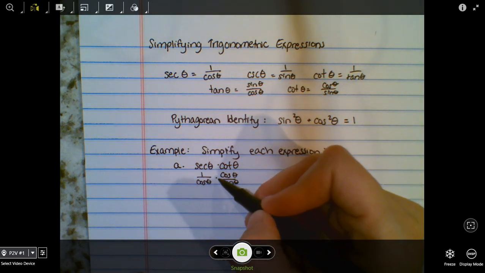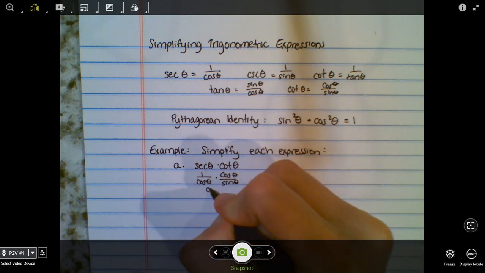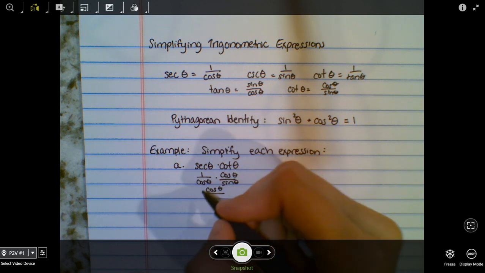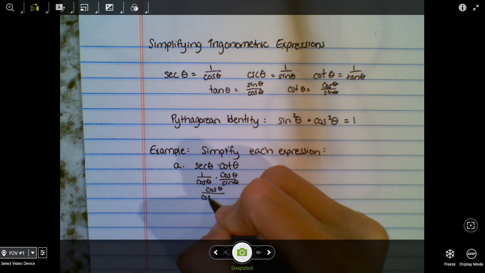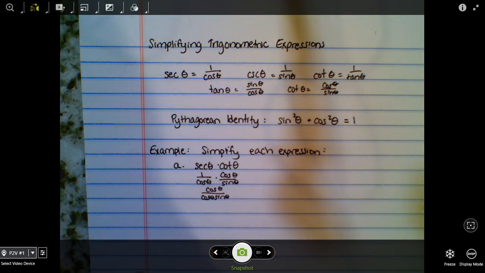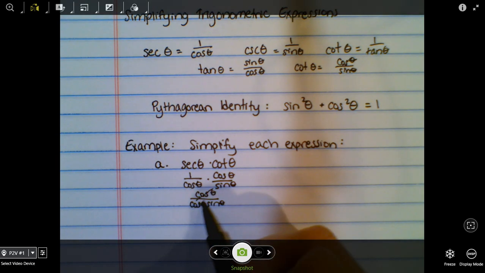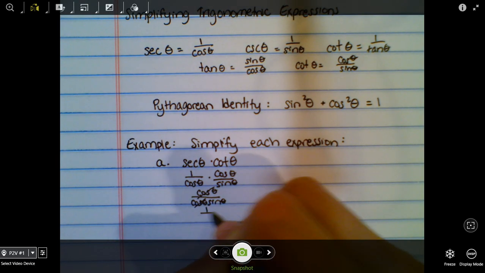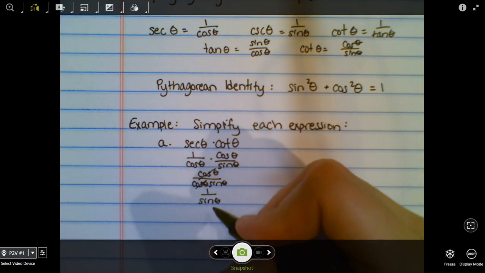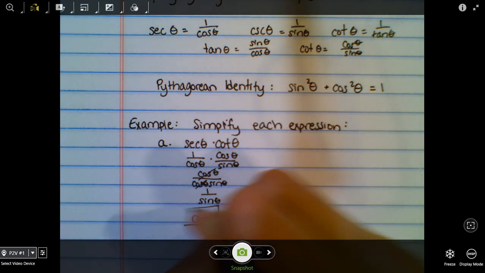And now I have a fraction times a fraction, so we might as well multiply those. Multiply the numerators. That's cosine of theta. Multiply the denominators. That's cosine theta, sine theta. Oh, and that works out really nicely because these cosines are going to cancel out to give us 1 over sine theta, and 1 over sine is cosecant, because cosecant is the reciprocal of sine.